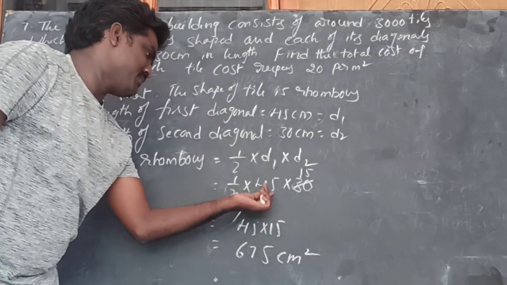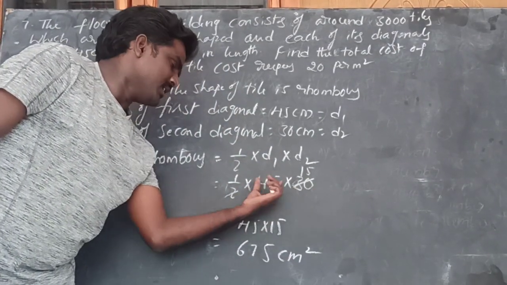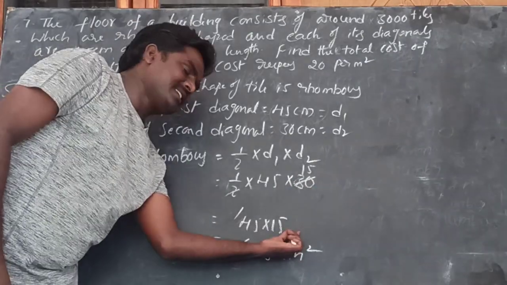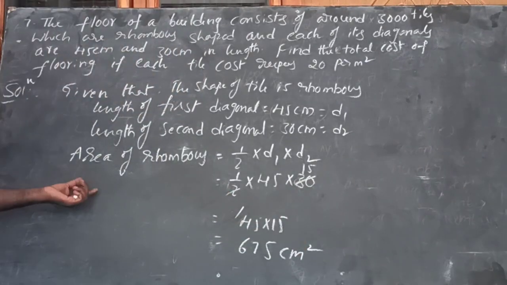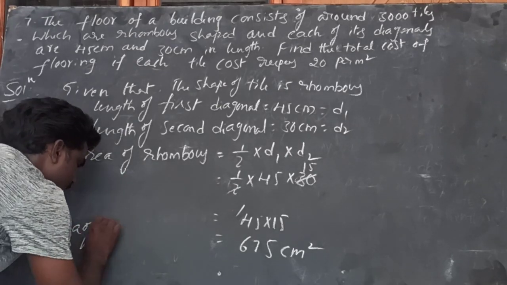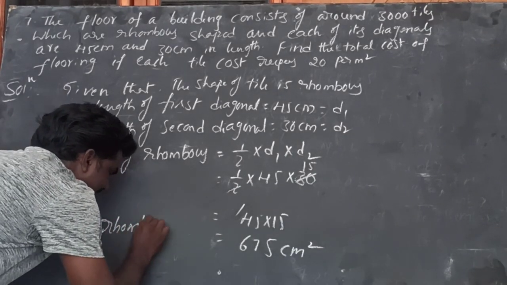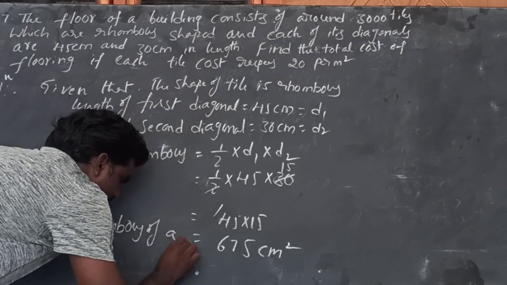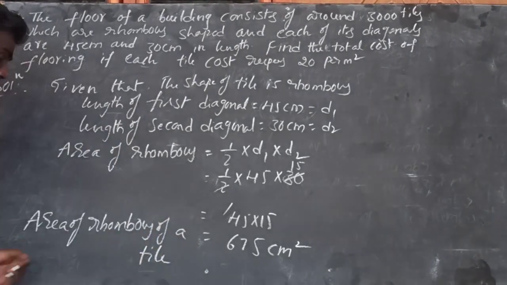So the area of the rhombus shaped tile is 675 centimeter square. Here you found only one tile's area.